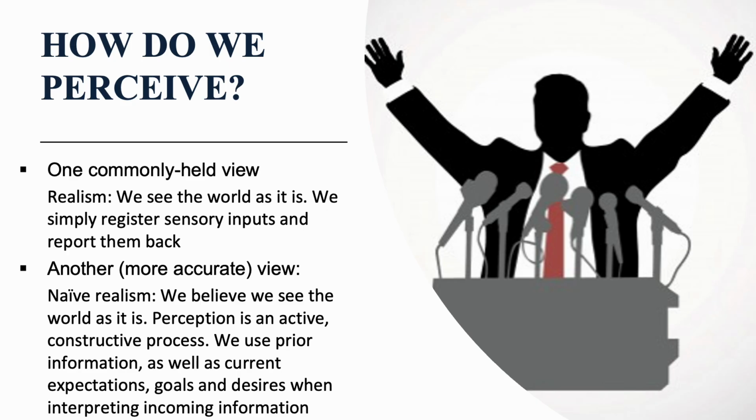A great example of this would be the political arena, right? So if you watch a political debate, whether it's the Democratic debates or the more advanced debates, with the Republican nominee and the Democratic nominee, how we perceive the debate and what each person is saying often depends on the information that we already know and believe about those people.